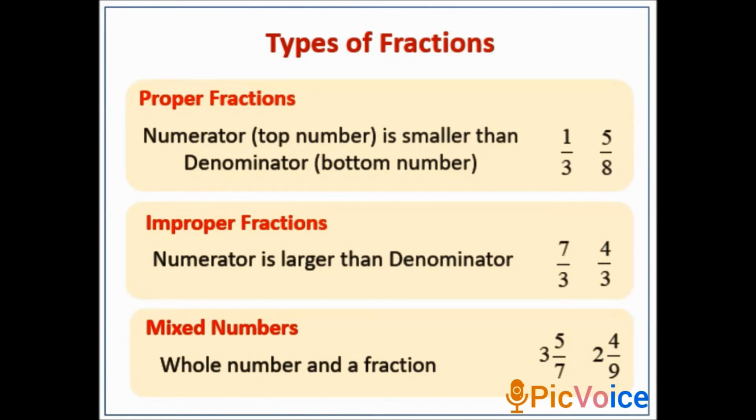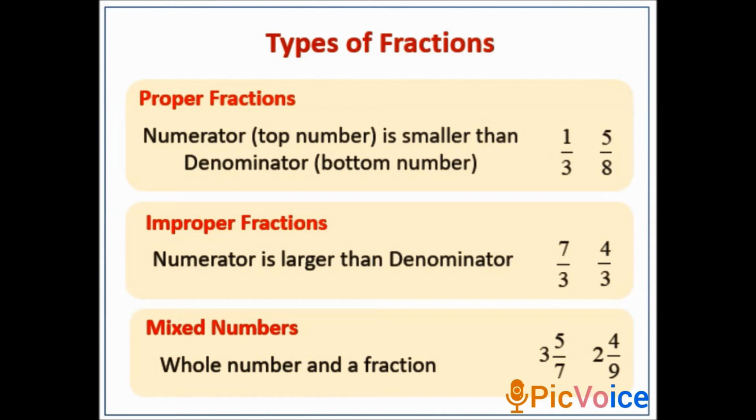First we are going to see about proper fraction. What is meant by proper fraction? We are classifying the proper, improper and mixed by the values of numerator and denominator. See the examples 1 by 3 and 5 by 8. So in the fraction 1 by 3, what is the numerator? 1.